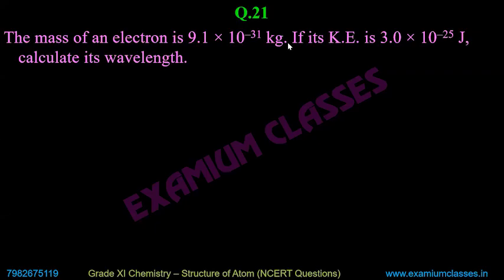Sir, mine is coming 8120. No, 8120 should not be there. It means there is some mistake. If you are getting somewhere close to 8960 to 8970 angstrom, then it is correct. Anything in between these two is a correct answer.